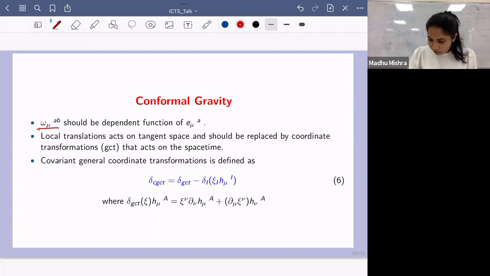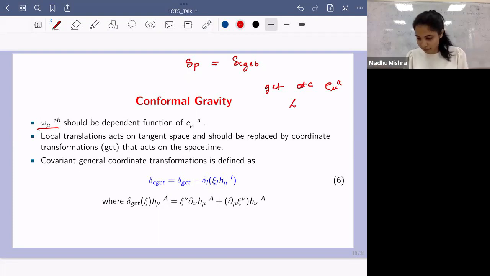What we want to do is identify local translation with some general coordinate transformation. Here I will introduce the covariant general coordinate transformation, because the general coordinate transformation will act on any field, for example on E mu A as a Lie derivative, and it is not covariant with respect to other gauge symmetries, for example dilatation and special conformal translation.